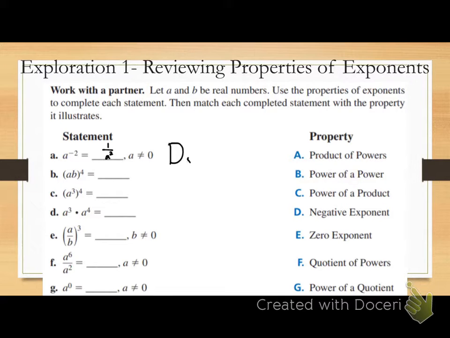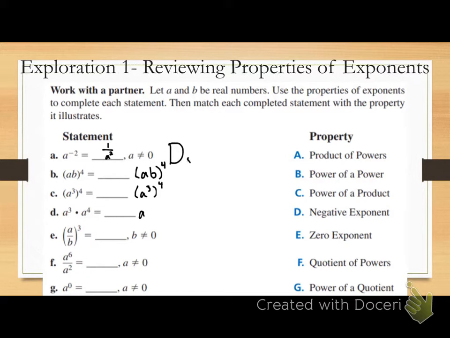Too small. Okay. So for B, we have A times B to the 4th power. Is that better? For letter C, I have A to the 3rd power to the 4th power.